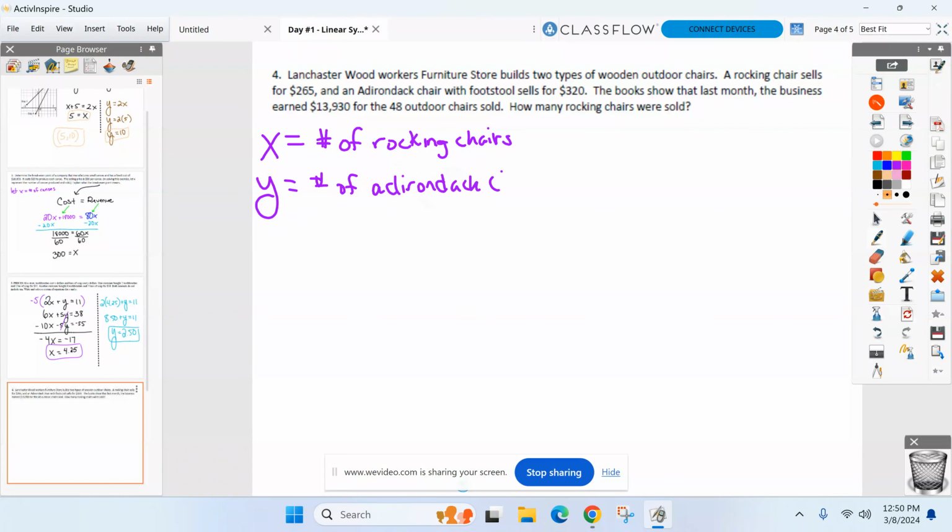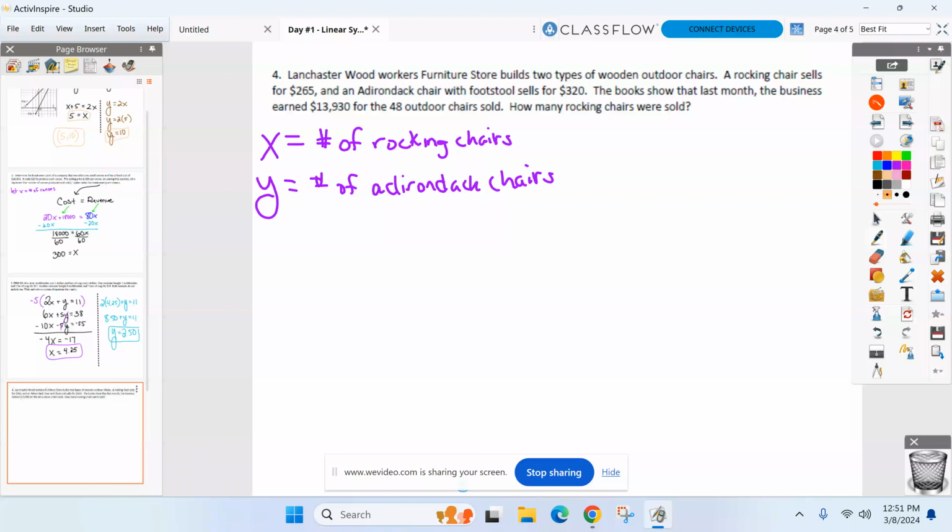The only reason I suggest X and Y is that if you check on the calculator, you can't put in A and C. You've got to put in X and Y, so stick with X and Y.